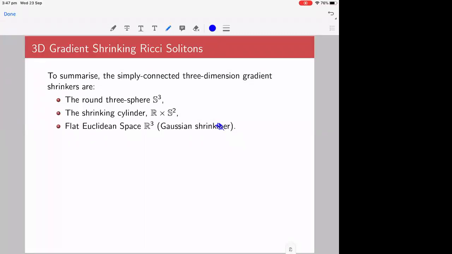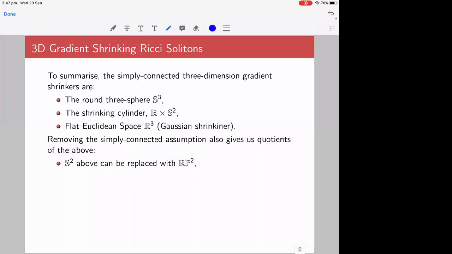Now, of course, if you relax the assumption that these manifolds are simply connected, then you get more. I'm not exactly sure if this list is exhaustive, but if you relax the simply connected assumption, I think you're allowed to replace S2 with RP2. And you're also allowed to replace the three-sphere with any sort of finite quotient, where we quotient out by a group gamma, where gamma acts freely on the three-sphere.